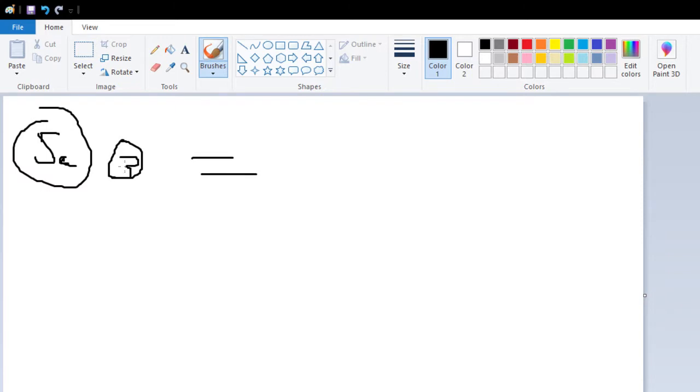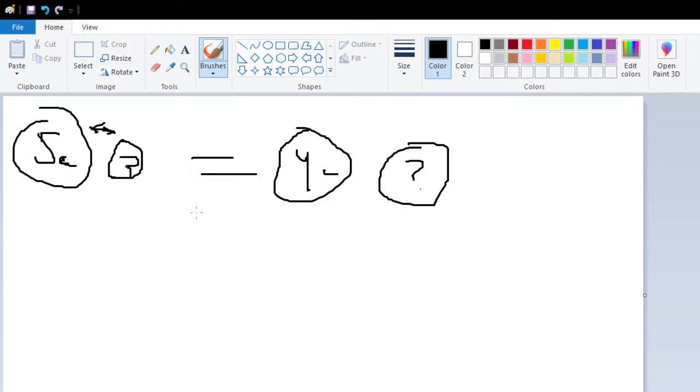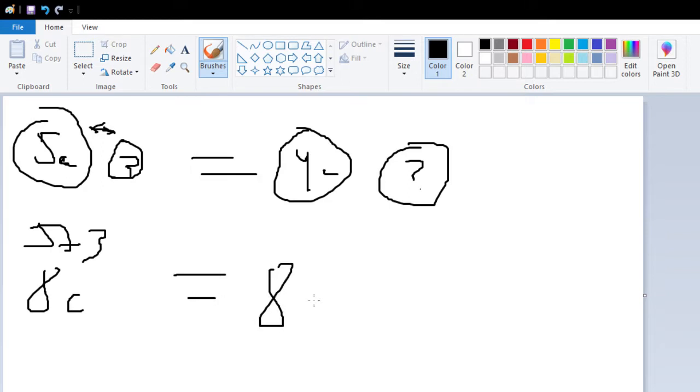Now, if they rub off against each other, so I'm just going to draw some arrow marks, they rub off against each other. The bigger one becomes 4, and you're left with a question mark in the second one. Now, if you do 5 plus 3, you get 8 coulombs. According to the law of conservation of electric charge, this has to equal 8 C as well.